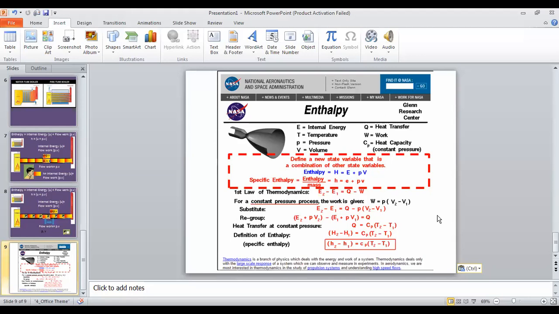That is one thing, but there is a definition for enthalpy: the internal energy plus pressure times volume. That is the point. So what is enthalpy? That is the internal energy plus pressure times volume.